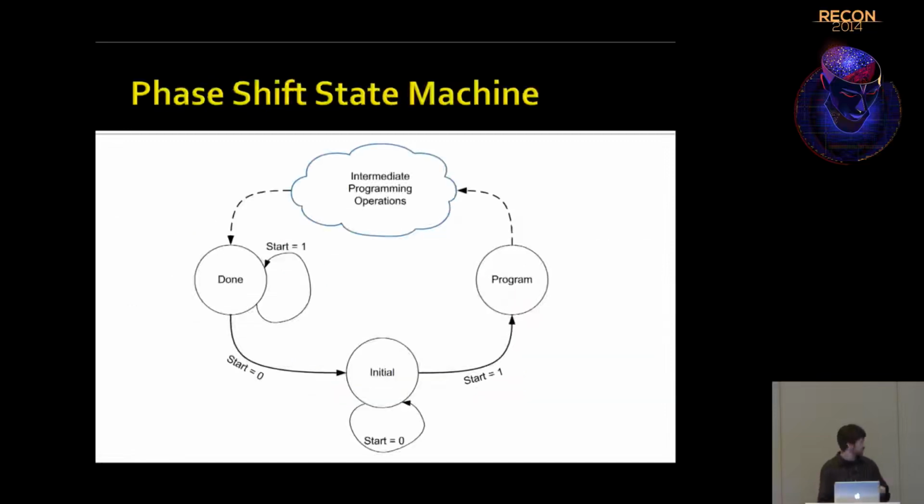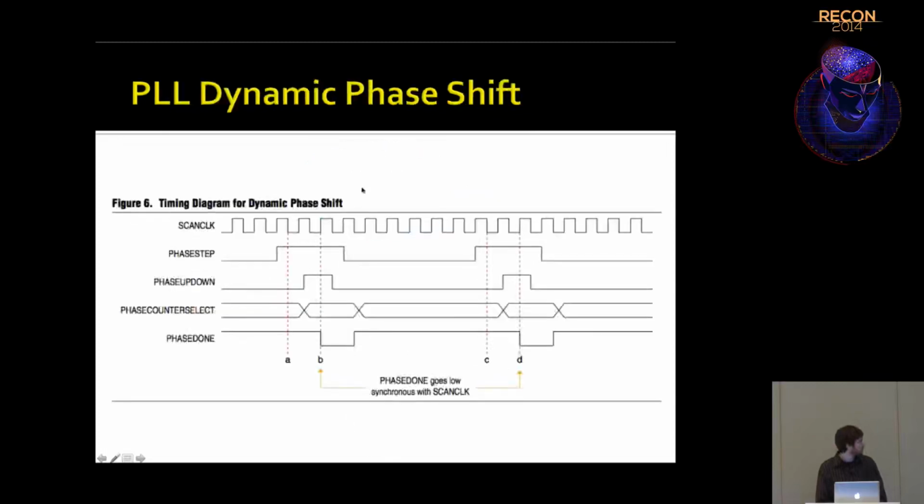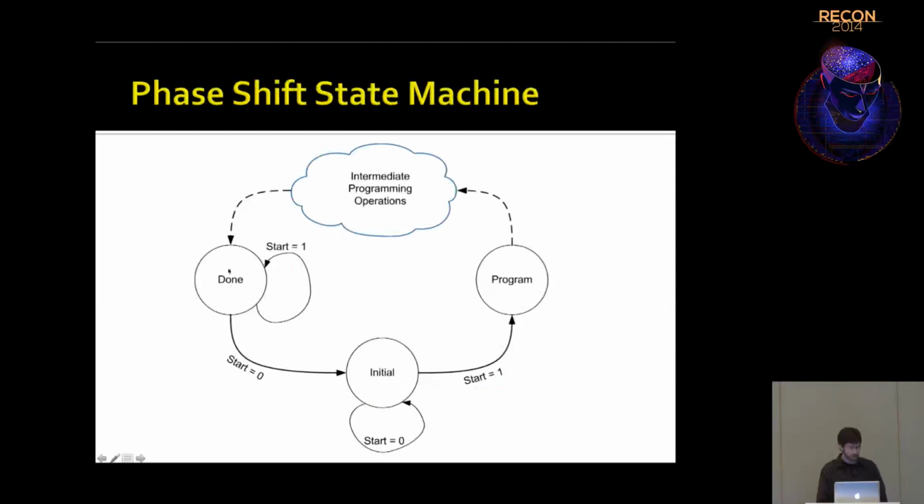So I ended up having to make a state machine where the CPU asserts a signal, start equals 1, and that kicks the program off. This sets all those signals from the slide correctly, then sits in the done state while start is still 1, because the CPU is really slow, relatively speaking.